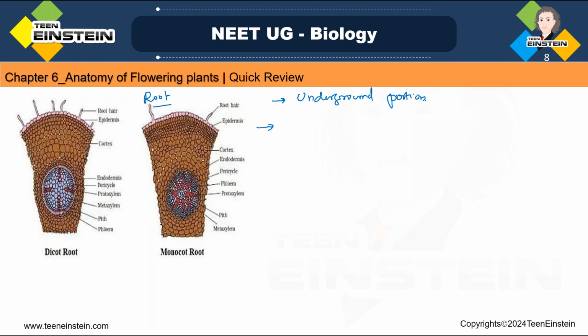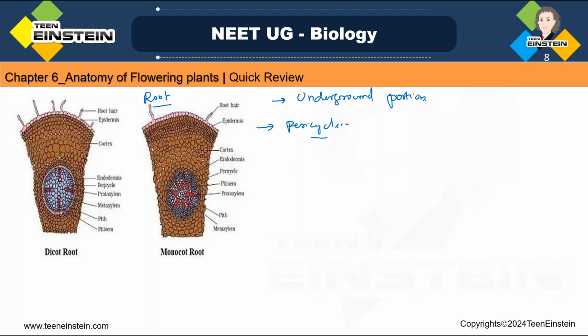So here also we are going to mark dicot root and monocot root. Then the characters. Here also we are first saying about the pericycle region. Pericycle region is giving rise to the secondary roots and the lateral meristem. Okay, in which one? In dicot root. What about the monocot? That is giving rise to lateral roots only.